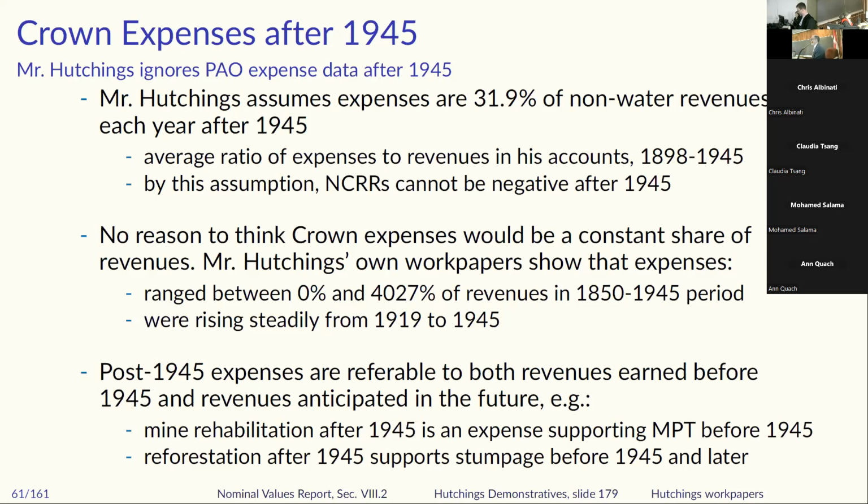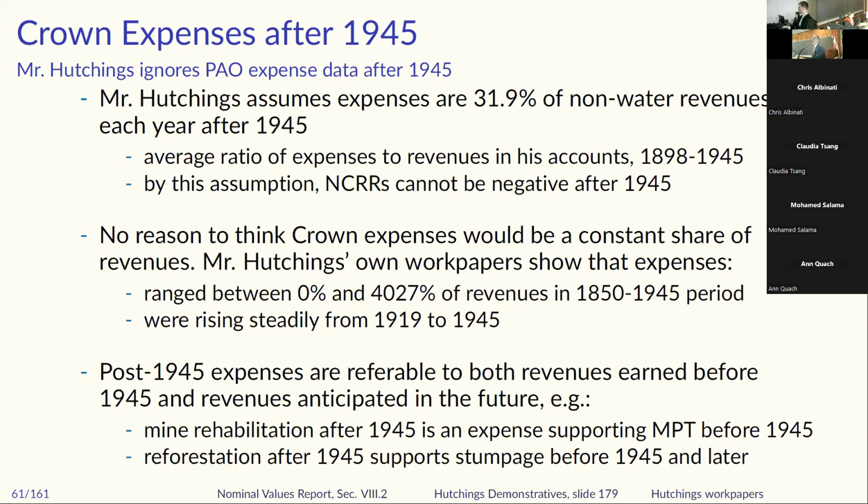Mr. Hutchings' decision to average that share over the entire period from 1898 appears suspect in light of that rising share in his own data over the prior 28 years. Probably the share in the prior decade would be a better predictor. Knowing the share in the prior decade, or averaging over the prior decade, if Mr. Hutchings were to do that instead of over all 48 years, he would have arrived at a 45% share of expenses and revenue instead of his 31.9%.